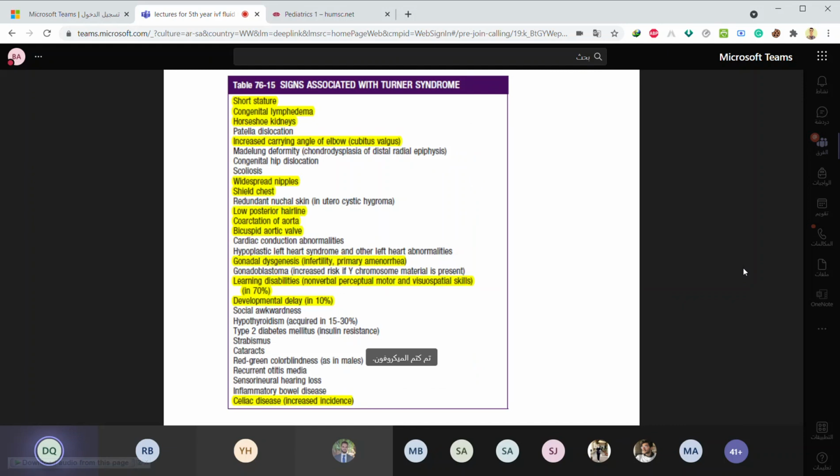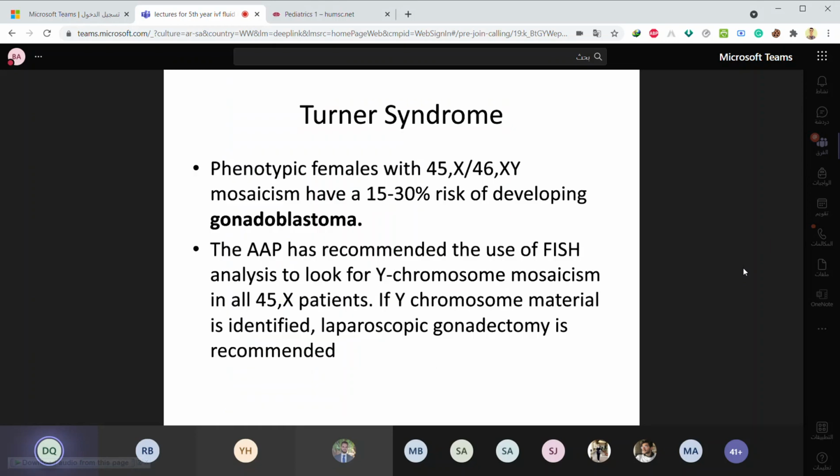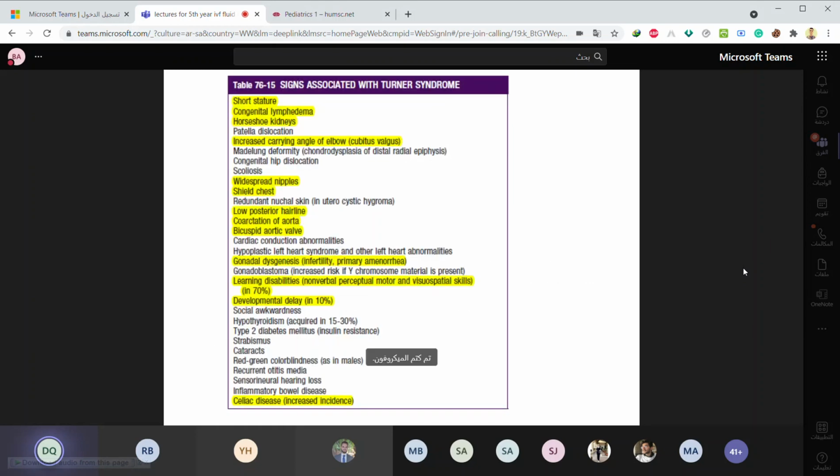Short stature, congenital lymphedema, horseshoe kidney, increased carrying angle of the elbow. There's shield chest and wide-spaced nipples. Learning disability in certain patients, not all of them.